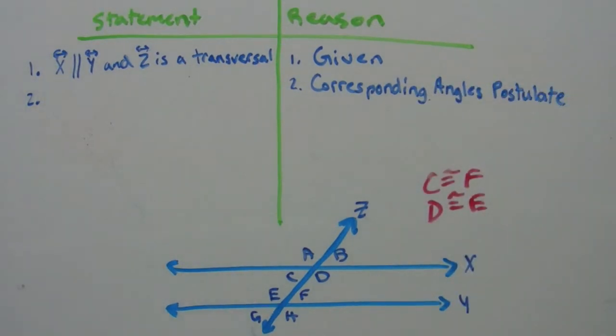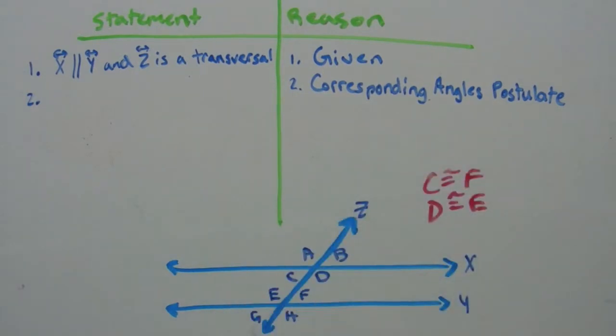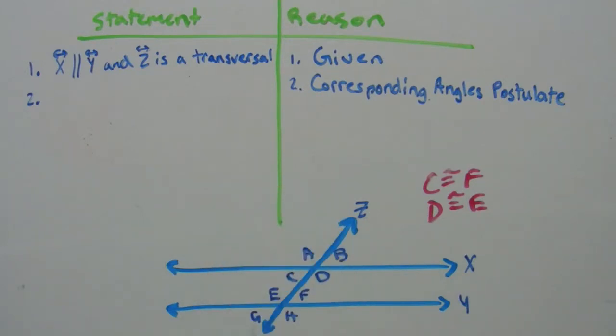Now in this next step, we're going to use our corresponding angles postulate. From that, we can say that angle C is congruent to angle G, and angle D is congruent to angle H, because of the postulate we went over earlier in this video.